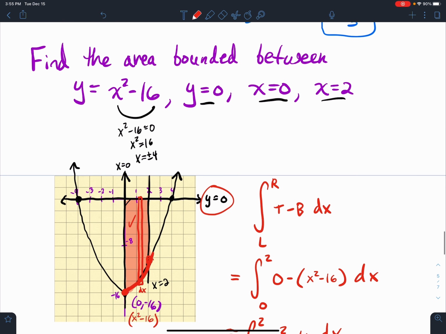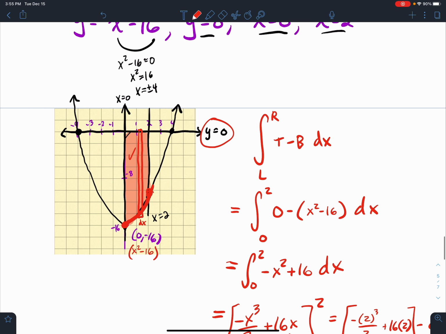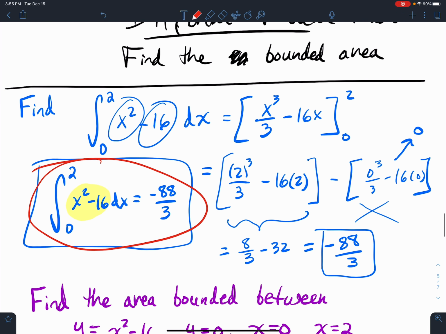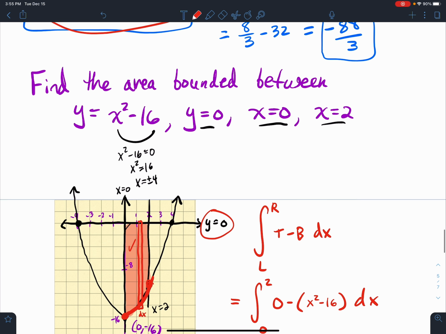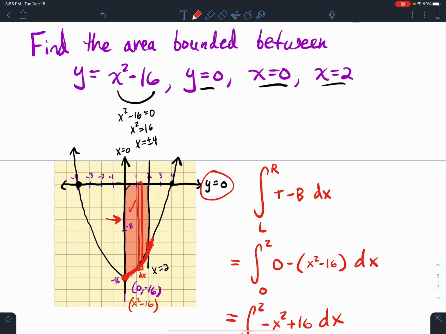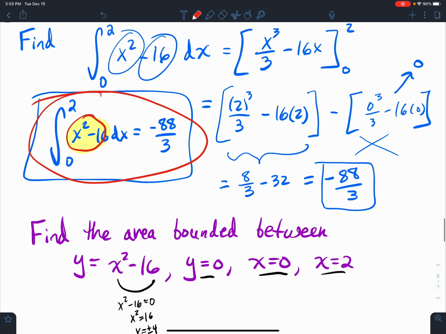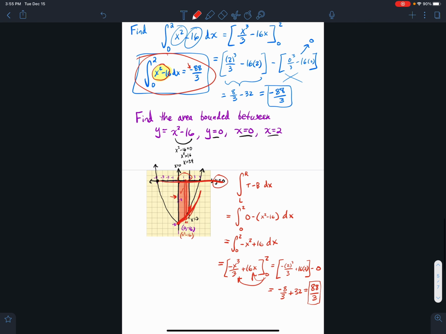Because when you're talking about just a definite integral, then the area under the x-axis, right, is actually negative, okay? So since this curve is under the x-axis for this interval from 0 to 2, then that definite integral is going to produce that negative number there, okay? So that's what's going on here.